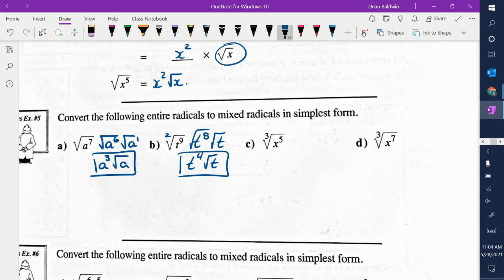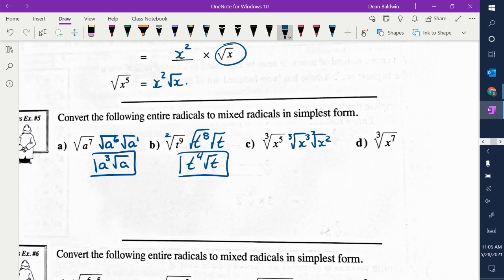Okay. Next one. Is 5 divisible by 3? No. How do I rewrite the 5 into something that is divisible by 3? 2 and 3, right? I can rewrite this as x to the 3, x to the 2, and it's the cube roots, right? Does everybody see that?